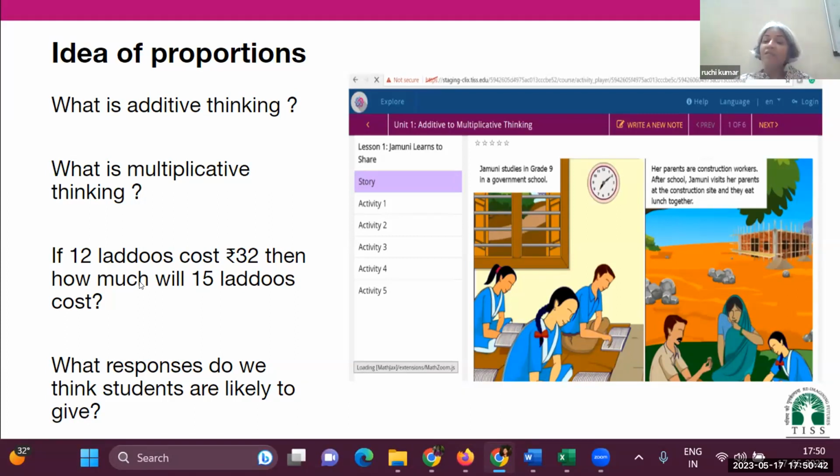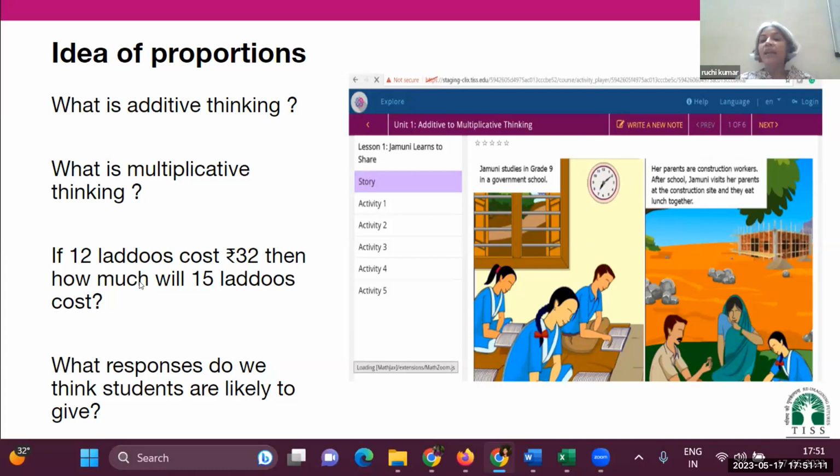But if they are able to make sense of the situation, they understand that these 12 laddus can be broken up into smaller units of 3, 3, 3, smaller groups. Okay. So how many groups of 3 are there in 12? 4 groups, right? And if there are 15 laddus, then there will be one more group of 3 added. So here what they are doing is unitizing.